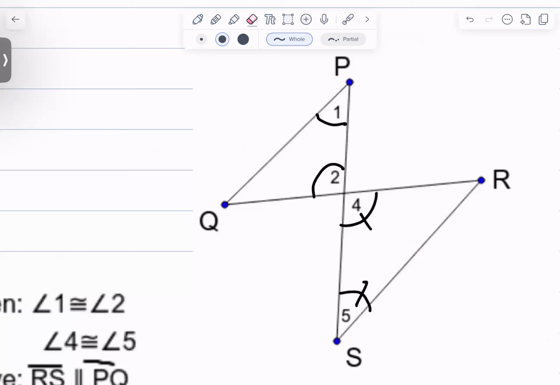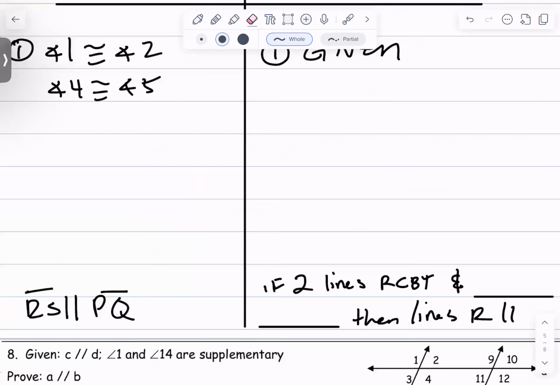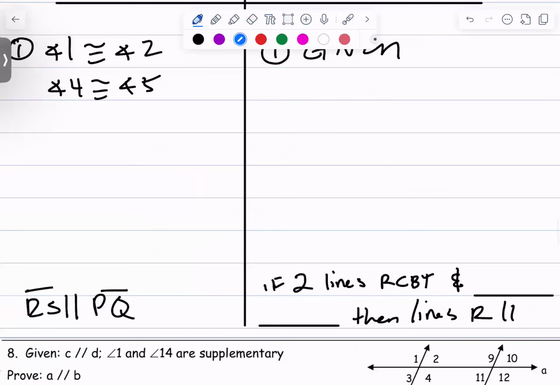Can I still prove that angle 1 is congruent to angle 5? If I can show that angle 1 is congruent to angle 5, then I know that alternate interior angles are congruent. Does that make sense?